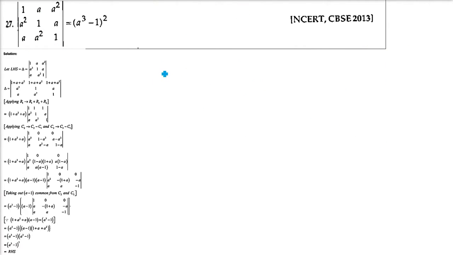So let me show you again what we got. 1 0 0, this is a square a, and I told you that this was 1 minus a and 1 plus a, and this was, if you remember, a minus 1, because minus it was.